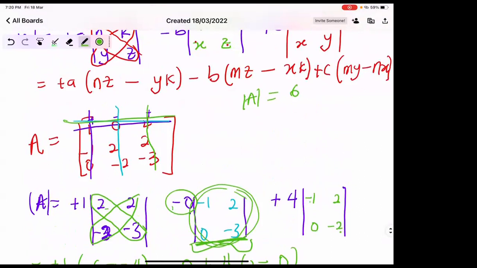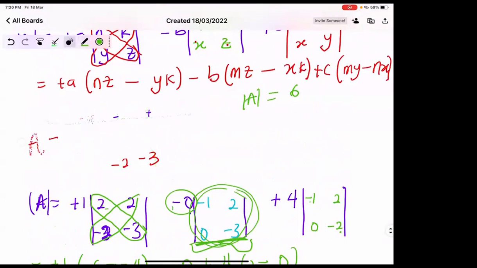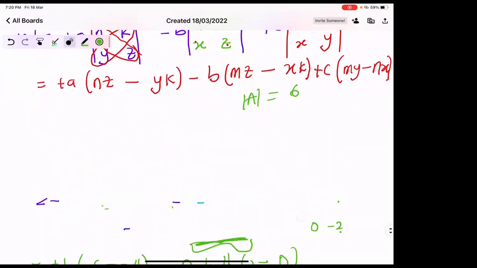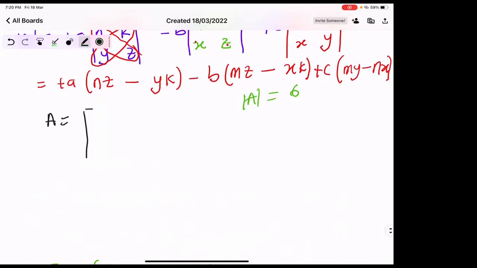If we also use the second row, we should get the same 6. Okay, so let's try and see if we get the same answer, 6 to be the determinant, if we use any other row. So the matrix A is equal to 1, 0, 4, negative 1, 2, 2, 0, negative 2, negative 3.